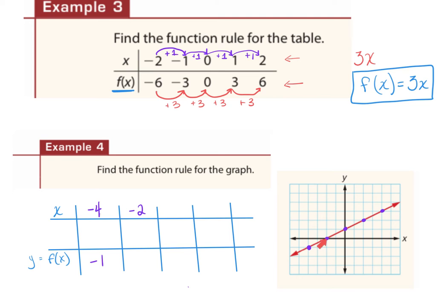And my y value here is what? 0. So that's what I'm going to put there. What about this? What's my x value? My input? 0, and my y value? It's 1. Next guy is 2 and 2. And then my last one is going to be 4 and 3.